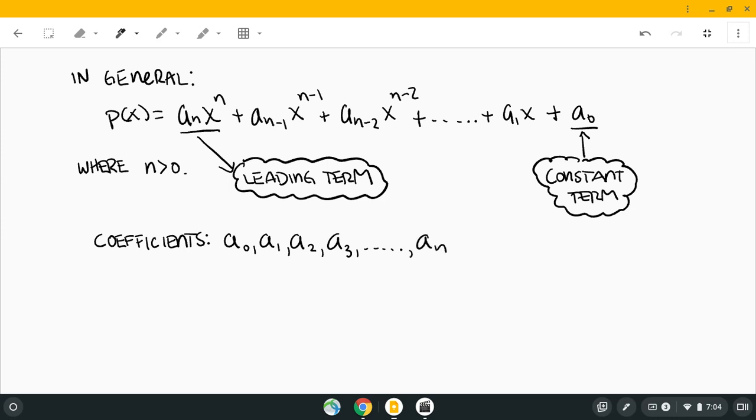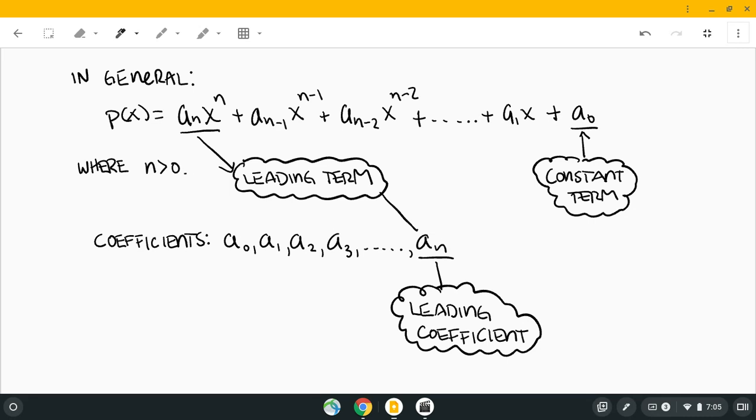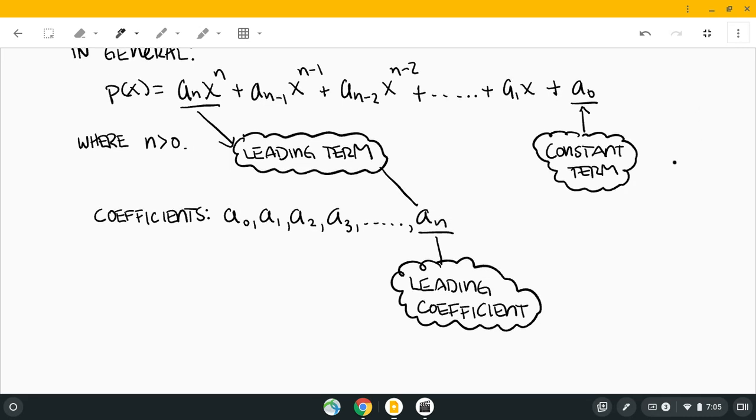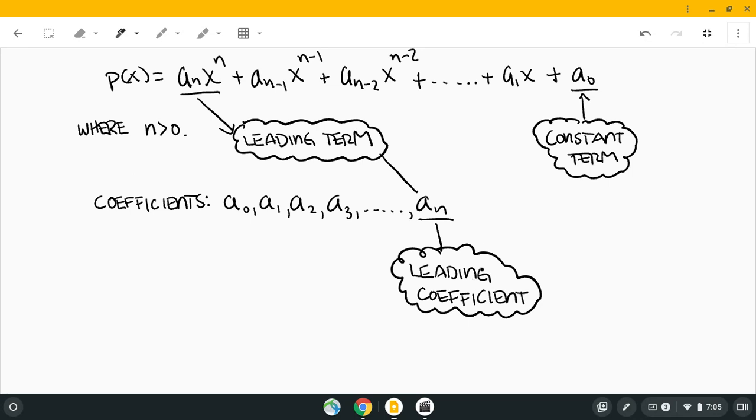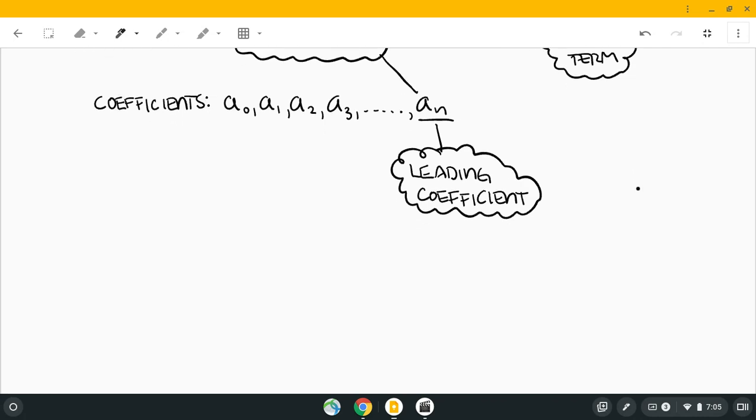You can see an comes from the leading term, and so this an is called the leading coefficient. Again, the leading coefficient, the leading term, and the constant term will all play a role in some of the things that we're going to be doing.